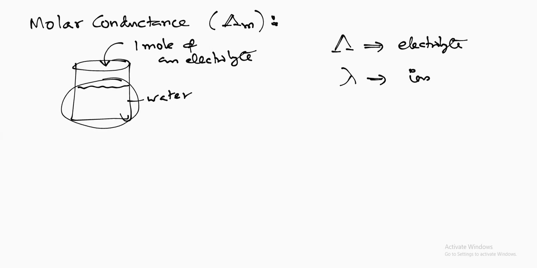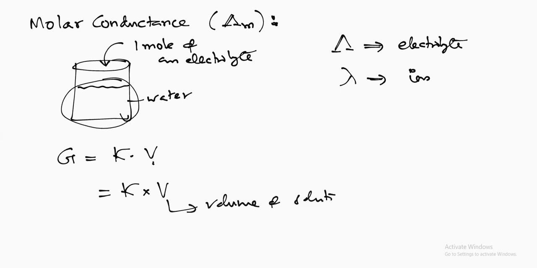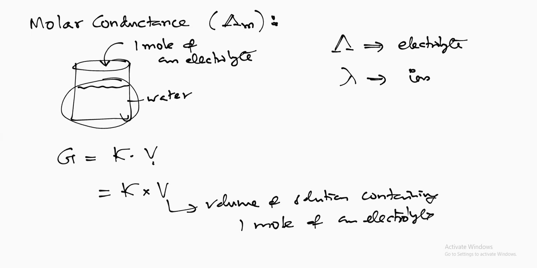You know very well the formula for total conductance: G equals kappa into V. Suppose I keep the kappa as such. If V is the volume of solution containing 1 mole of an electrolyte, then this G is given the symbol lambda m.